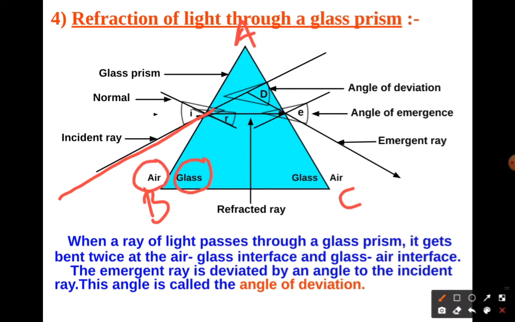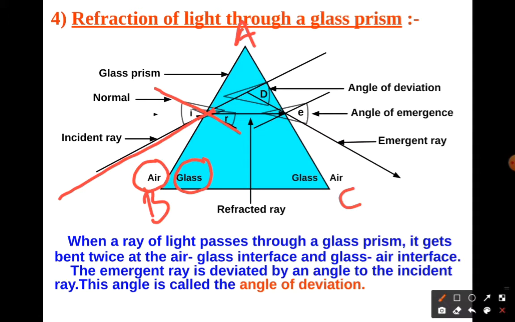That means the incident ray is coming from air and going inside the glass medium, which is denser. If we put a normal here, it bends towards the normal. You can see here, when white light falls on the surface AB, it passes from the rarer medium to the denser medium and bends towards the normal. That's a very important thing.